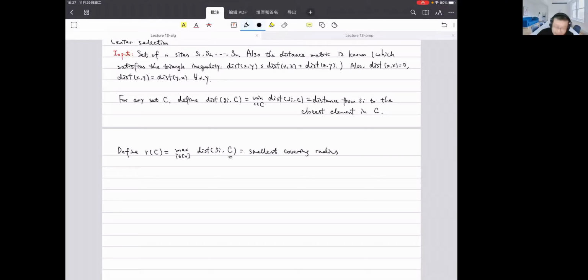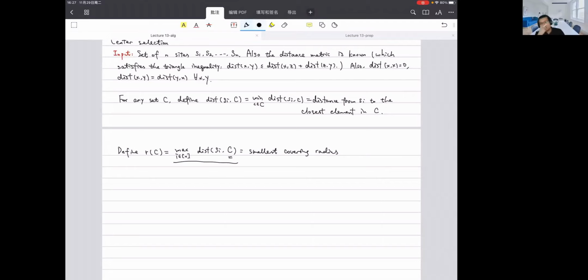Consider all the points in the set C and draw a sphere with radius r(C) around each. This radius covers all of the sites S_i. Since you are taking the maximum, one of them is going to reach the value.